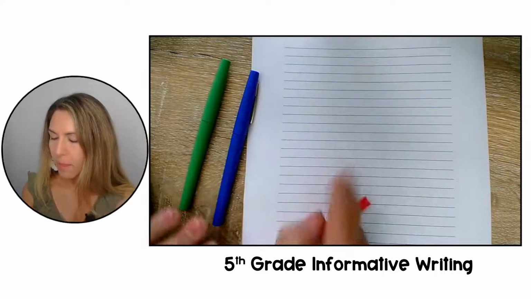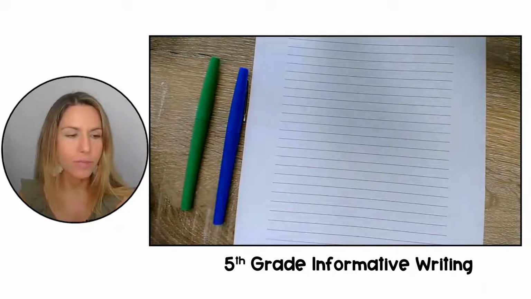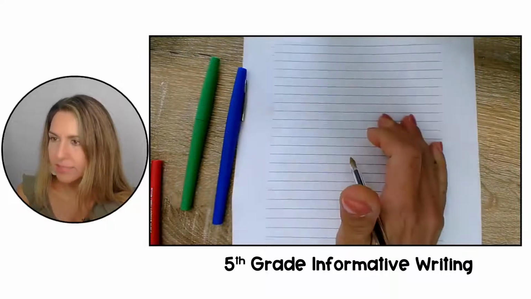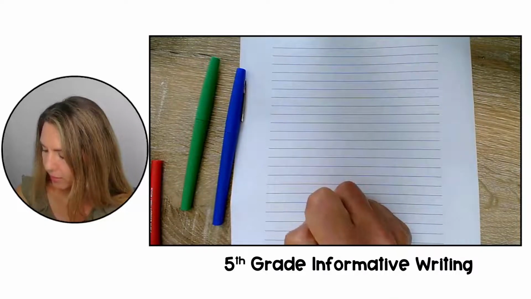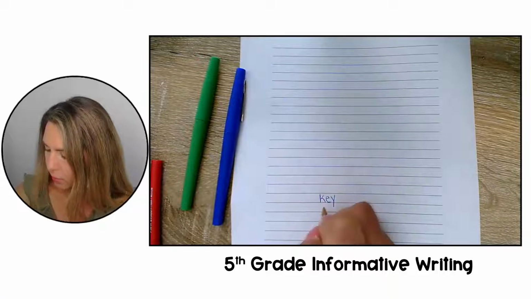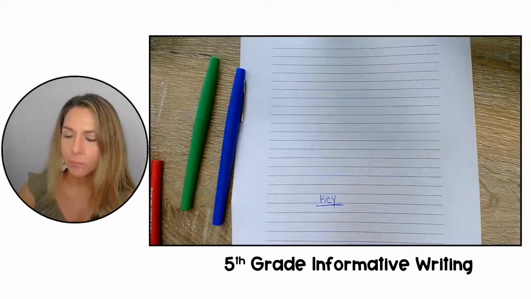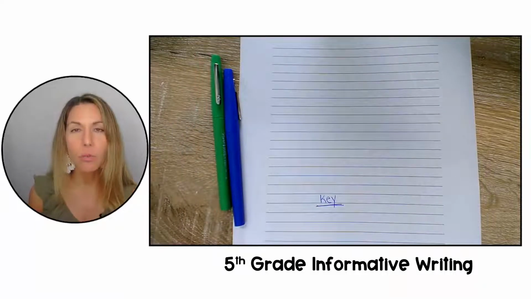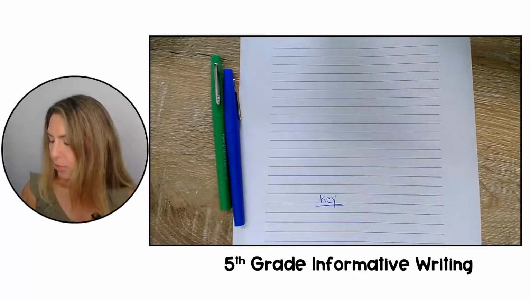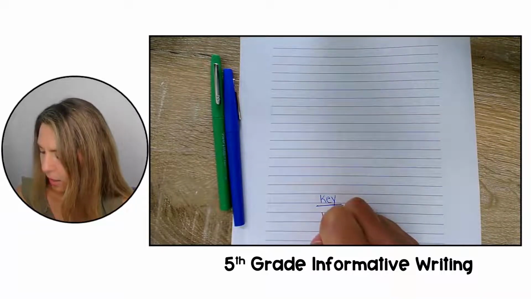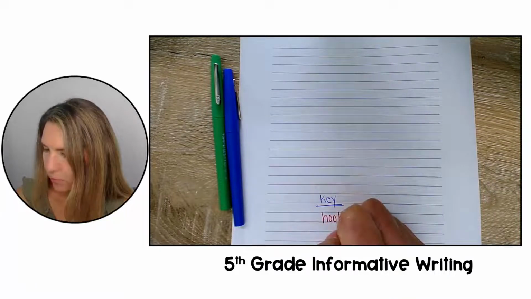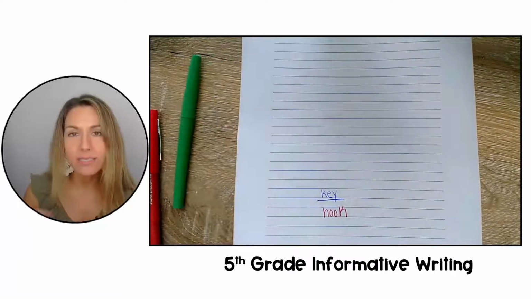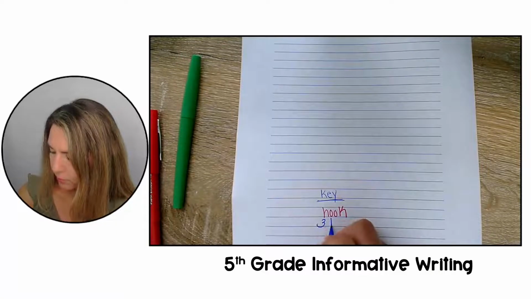So before I begin even writing, I am going to make something called a key. If you participated in the expository lessons, then you will know that we always provide a key when color coding. A key is simply something that tells you what the different colors represent. So today, when I write my hook, I'm going to write it in red. Whenever you see red, you know it's a hook. Then I'm going to write my 3-topic sentence in blue.